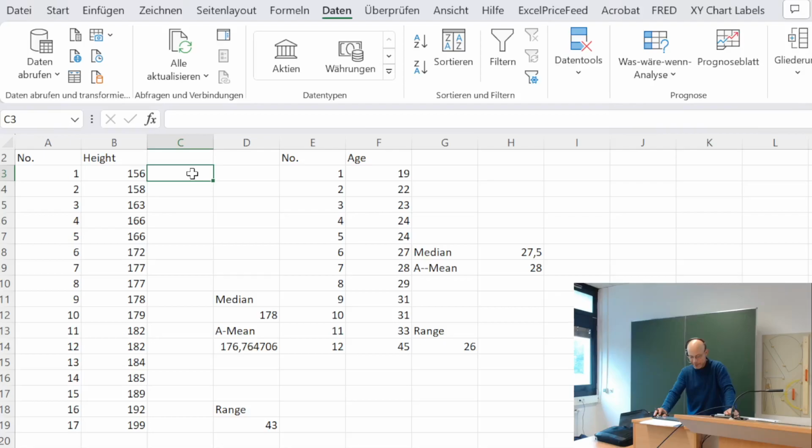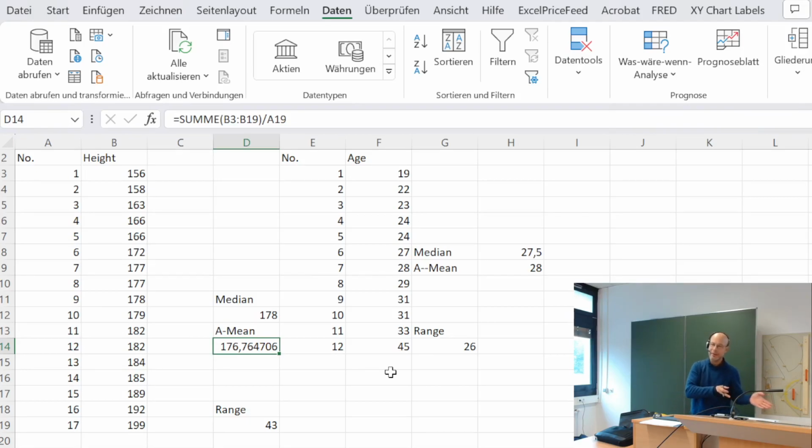Yes, of course. So we have to calculate 165 minus this 176.7 and so on. And since we in the end have to sum up everything, and we do not want numbers below and numbers higher than the average to cancel out, we have to take the absolute value.